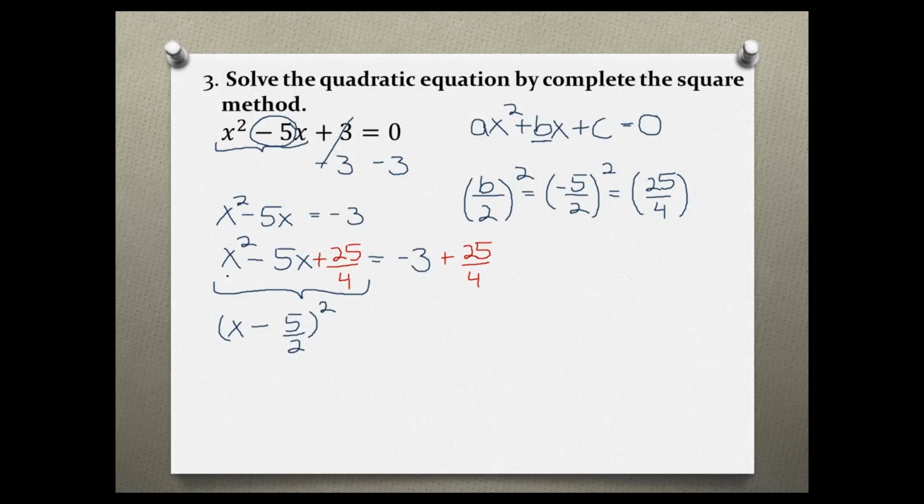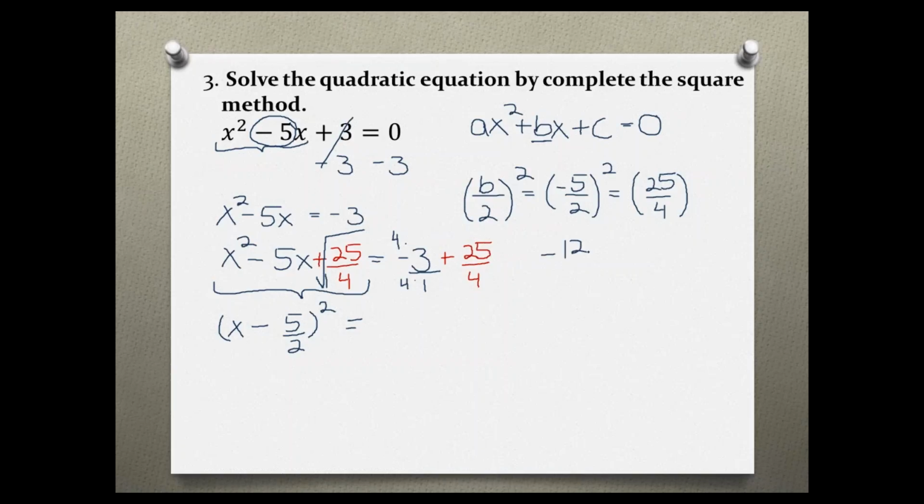So it's always going to be the square root of the first term, which is x, then the first sign, and then the square root of the last term, so 5 over 2, and all that squared in factored form. And then on the right side, to be able to add and subtract fractions, we need the same common denominator, and in this case the least common denominator would be 4, so I'm going to multiply top and bottom by 4.